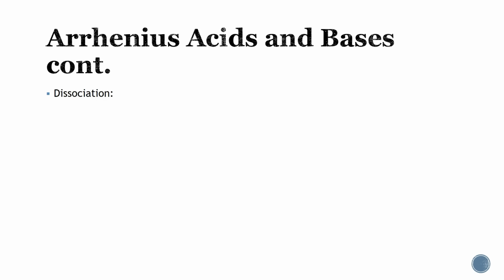So what we have to understand, what's actually going on, is first of all, dissociation. When we talk about dissociation, we're talking about an ionic compound that, when it dissolves into water, separates into its individual ions. So, for example, let's say I take a non-acid, sodium chloride. Sodium chloride is an ionic compound that will dissolve in water. If I put sodium chloride into water, what actually happens is that sodium separates from the chlorine into its individual ions.